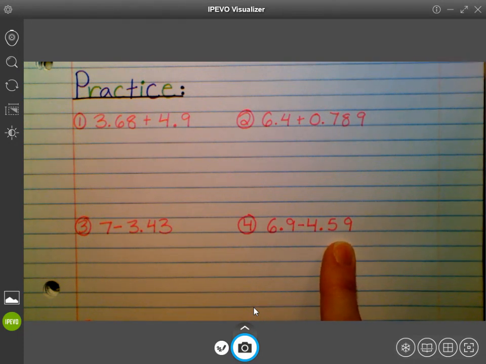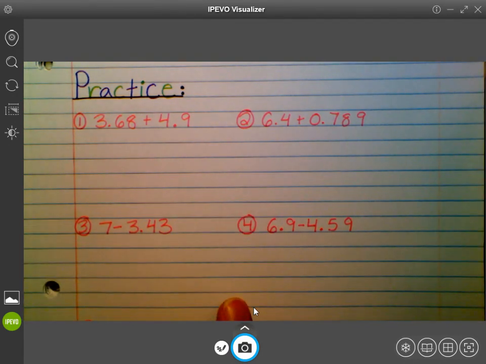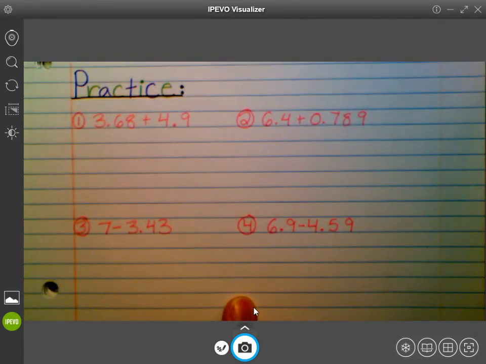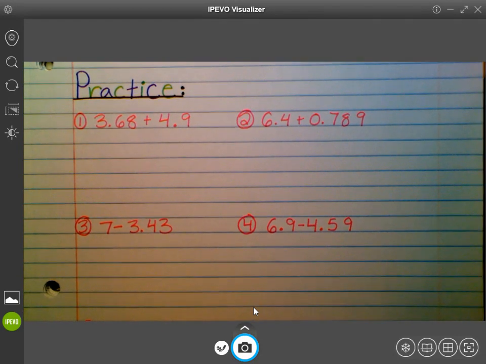Give me a thumbs up when you've got the first 4 down, and then I will move my notebook down so that you can see the 5th one. And Elena, we titled our page 2.6, add and subtract decimals, on today's date.